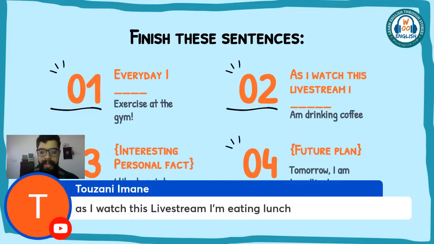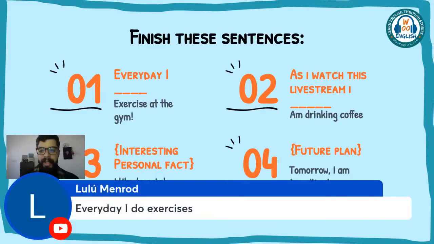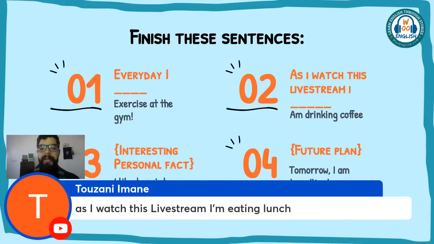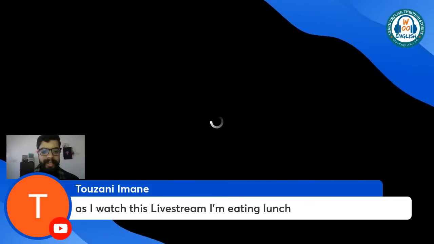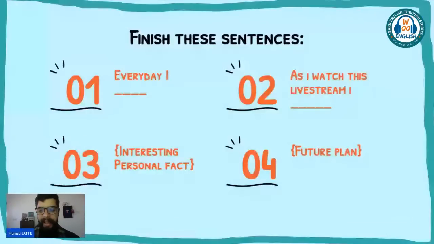All right. Iman, for example, says number two. So let's first start with Lulu: every day I exercise. And then go back to Iman: as I watch this live stream, I'm eating lunch. Great. Enjoy. Okay, I removed my answers so that they don't confuse you.